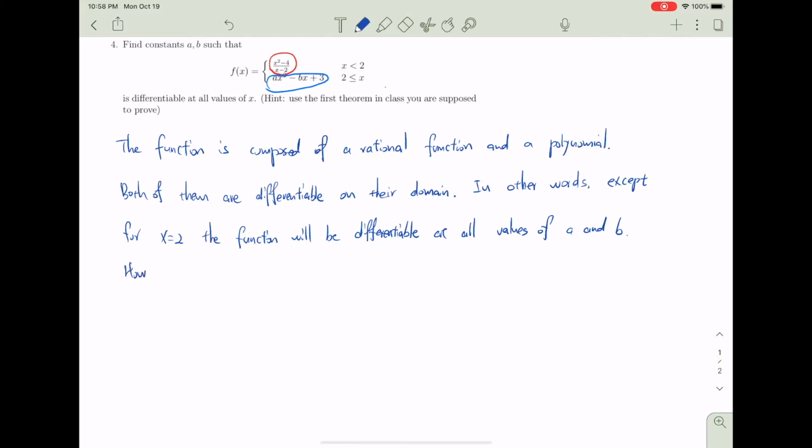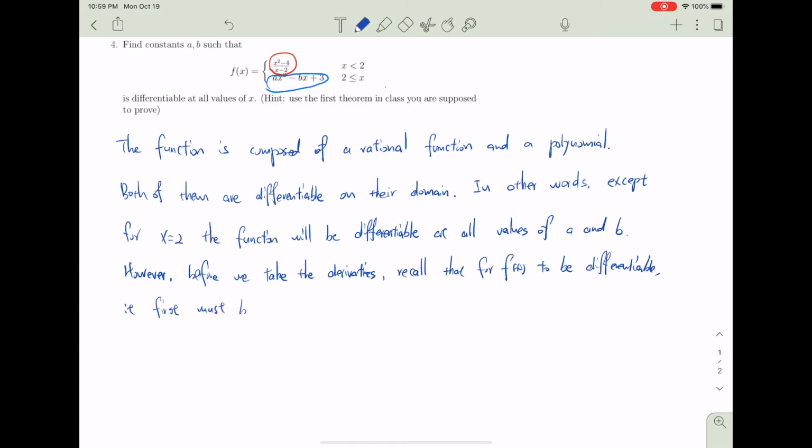However, before we take the derivative, we recall that for f of x to be differentiable, it first must be continuous.